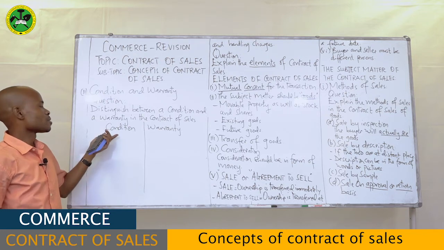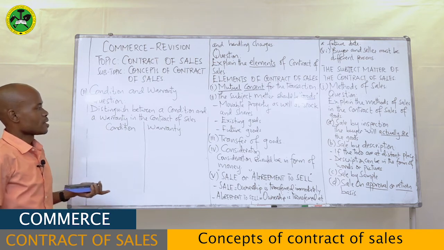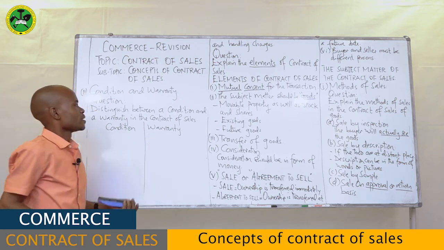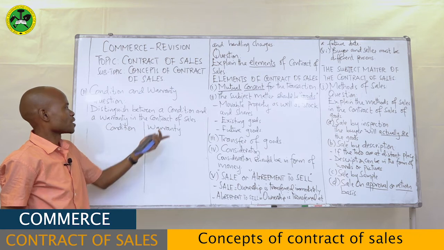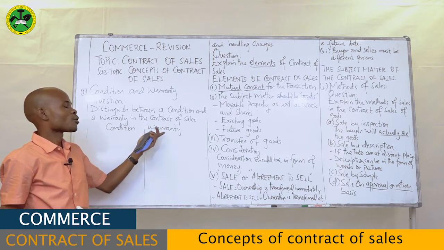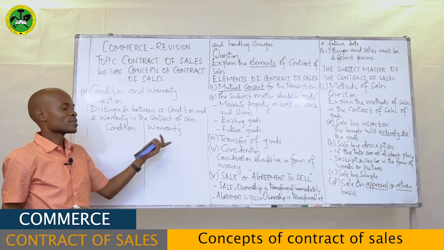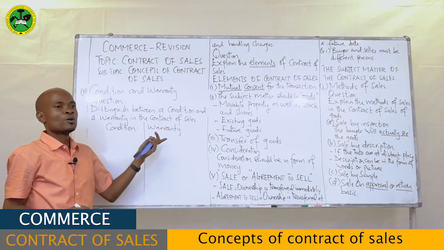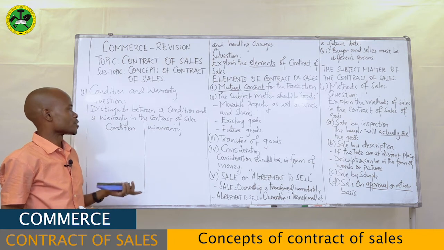That means something which is very important. But a warranty in a contract of sales refers to a stipulation which is collateral, or we can say it is subsidiary to the main stipulation.